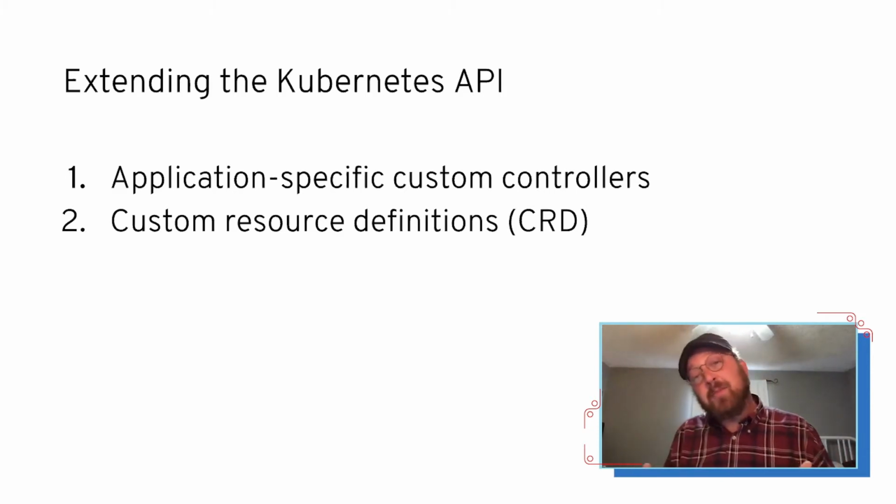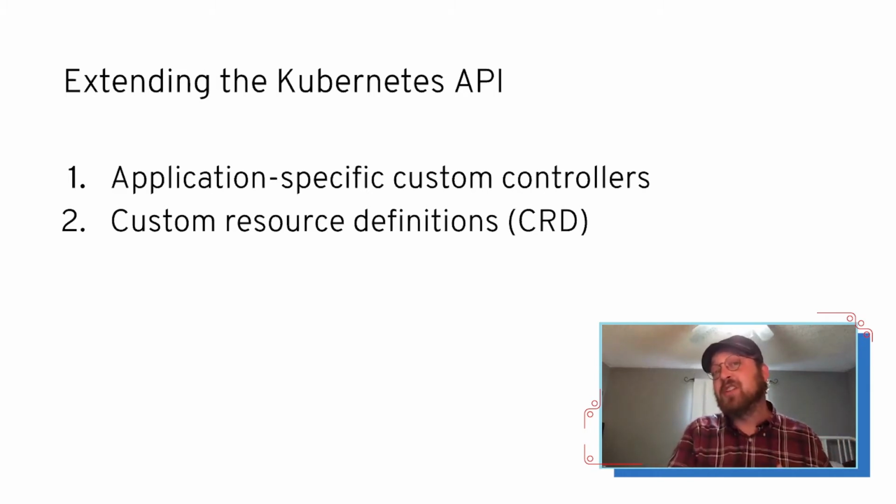A Kubernetes operator is just a combination of an application-specific custom controller watching an application-specific custom resource that represents, in Kubernetes API terms, the internal state of that application that the custom controller wants to manage and reconcile in the usual reconciliation loop that we always find at the heart of the Kubernetes control plane.